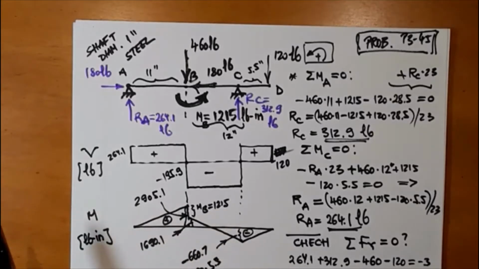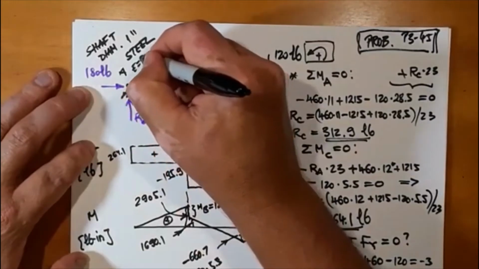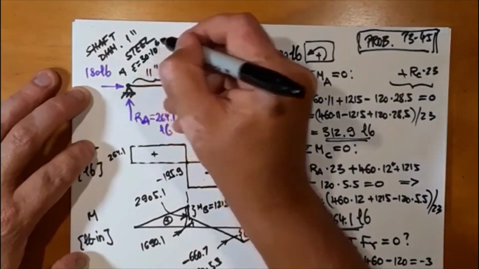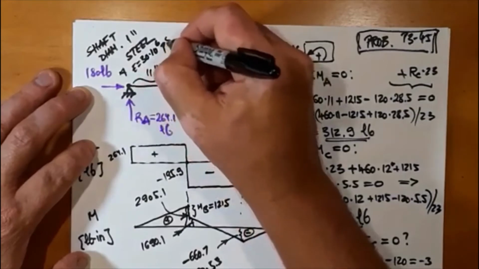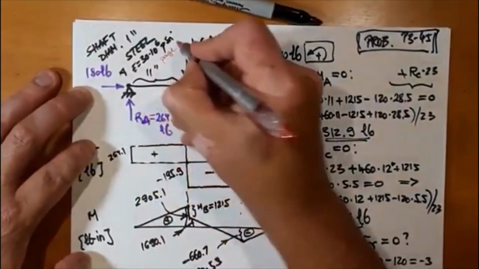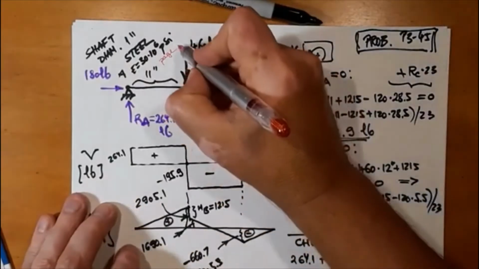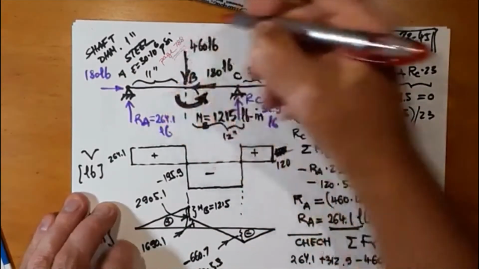If you turn to 788, it says modulus of elasticity for most carbon steels is 30 times 10 to the power 6. So E is 30 times 10 to the power 6 psi. I've got this from page 788 of your book.